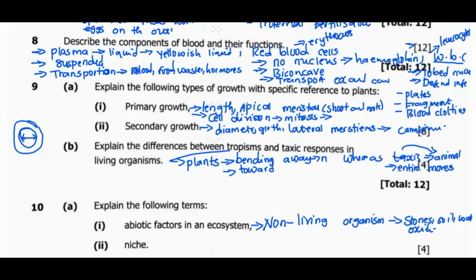Then if you look at niche, a niche is considered as the role played by an organism in its community. The point here is that every organism has a role to play in the community.